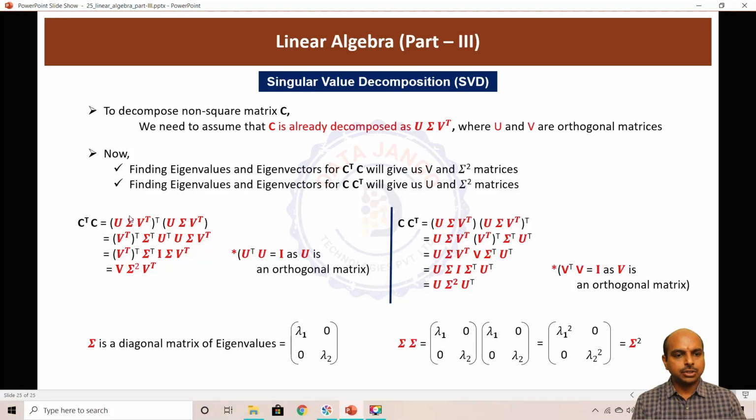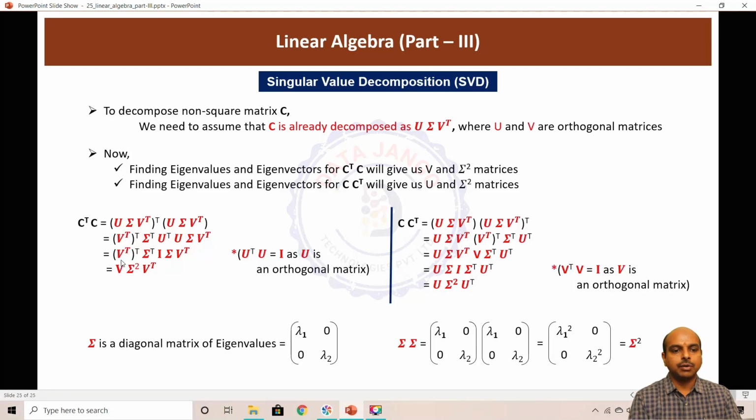So we switch these: V transpose whole transpose, sigma transpose and U transpose. I flipped it because I transposed. So U transpose U is I, because U is an orthogonal matrix.